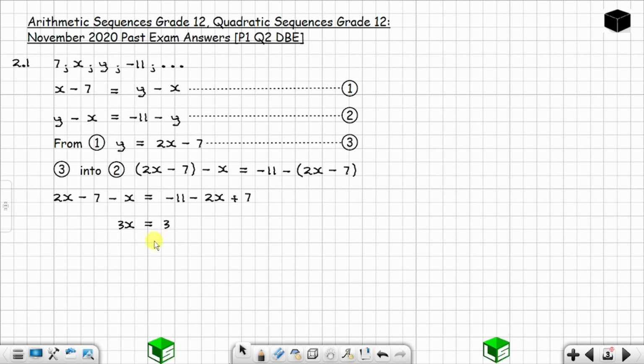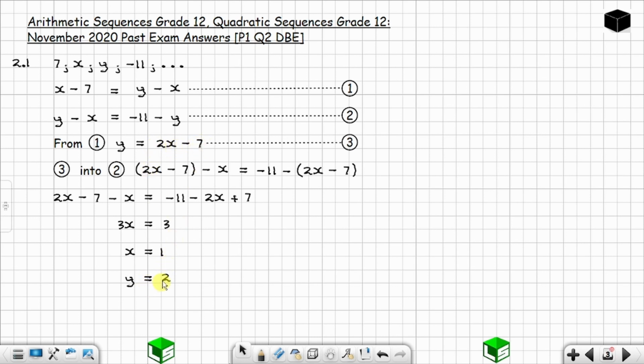And so you need to solve for x. What are you going to do? You are going to divide by 3 on both sides. When we divide by 3, you have x is equal to 1. Now you have the value for x. Let's find the value for y. You can use this to find the value for y. So you have y is equal to 2x minus 7.